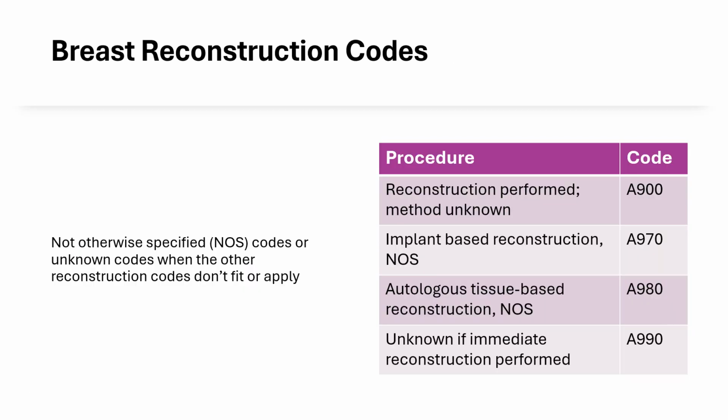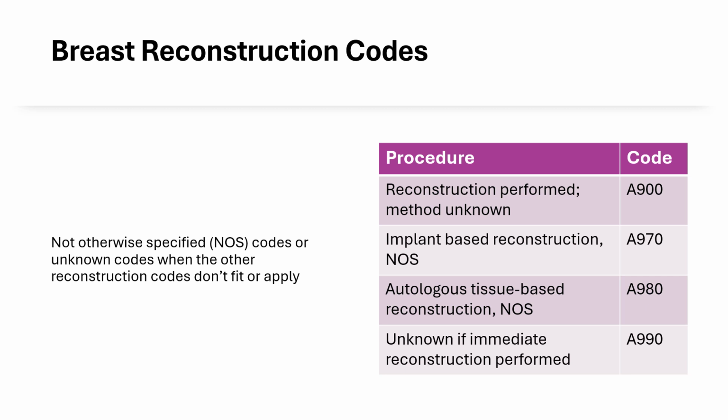These breast reconstruction codes are the not otherwise specified or unknown reconstruction codes when others don't fit or apply. So reconstruction performed but method is unknown is A900. Implant-based reconstruction NOS, so it did not fit any of the other codes, is A970.